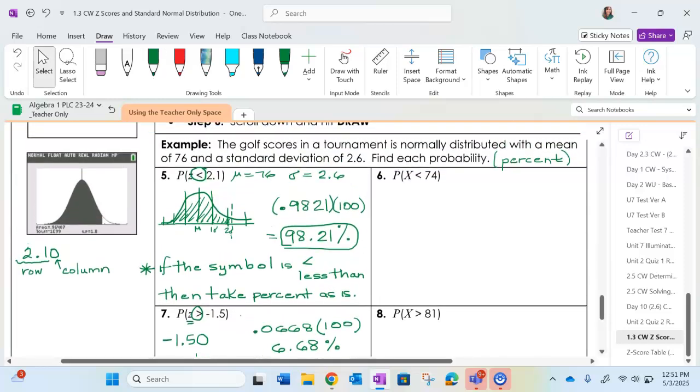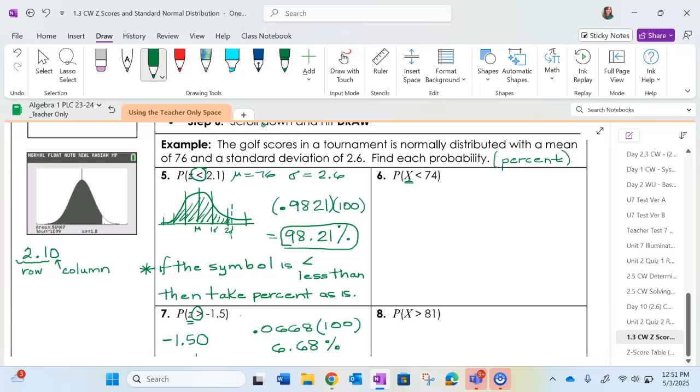Now, before I get to the last two, because we might have another part just to understand this, let's look at the difference here. This is an X, so this is talking about my data value. So it's not a z-score yet. So what we're trying to find is the z-score that is less than something. So I have to use my formula where I have x minus mean divided by standard deviation.